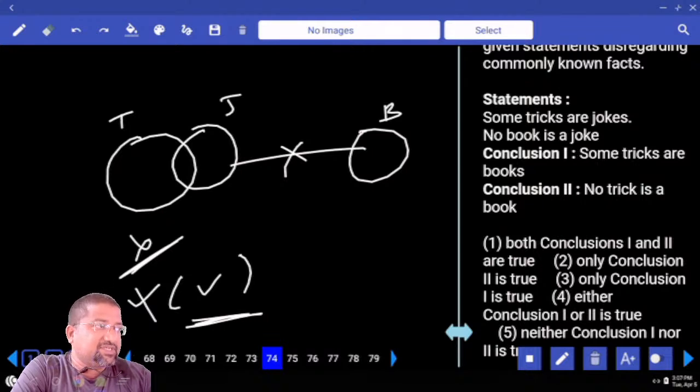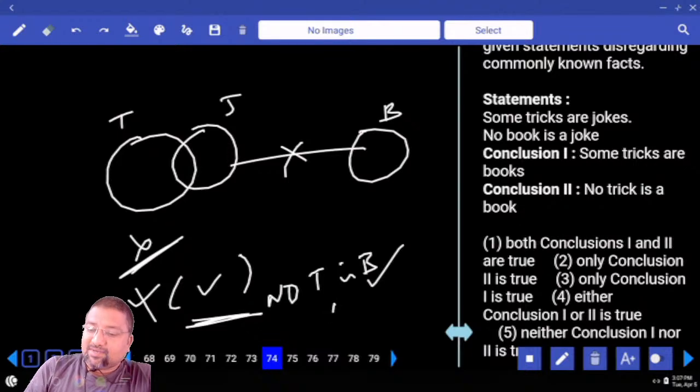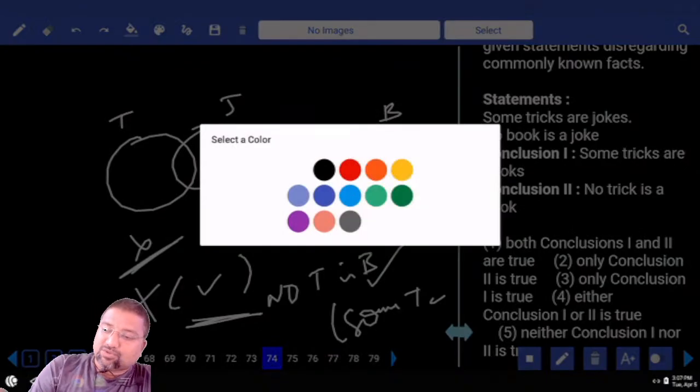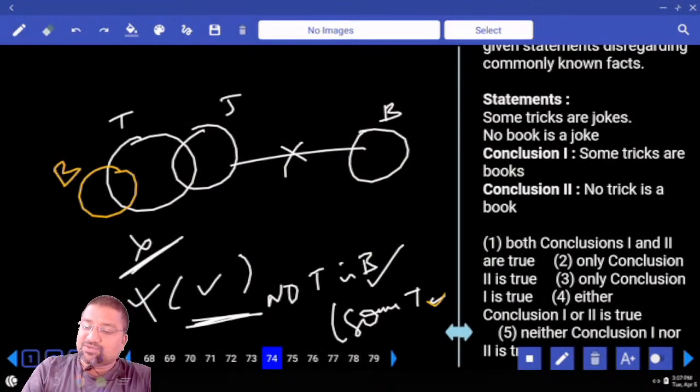In the classes, we teach you everything in the basic way, and then we also teach you shortcuts there. And you are supposed to implement those shortcuts here. Understood? Here, no trick is a book and you say right, again some tricks are books and you say right. Can you draw it or not? You can draw it, then this becomes right and this becomes wrong.